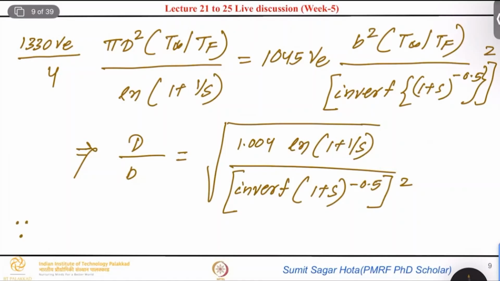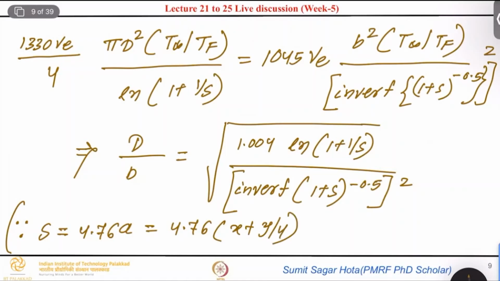S is equal to 4.76 times A, that is 4.76 times x plus y by 4. What is the fuel here? The fuel is methane, CH4.